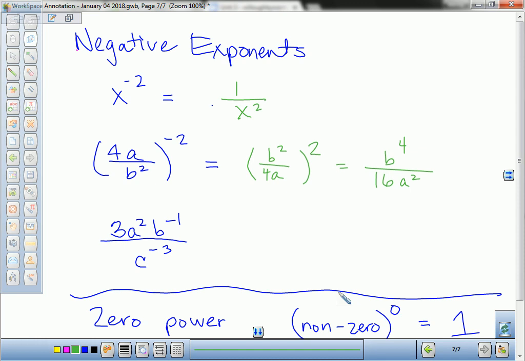So what we do in that case is just the parts of the term that are raised to the negative power move. So this B is going to move to the denominator. And the C is going to move to the numerator. So the 3 and the a squared stay because they were raised to positive exponents. But the C had to move up and the B has to move down.